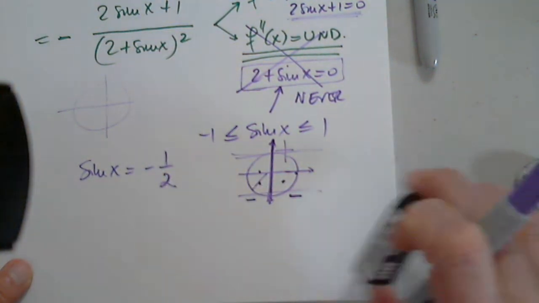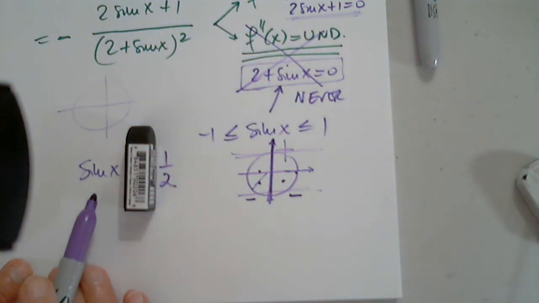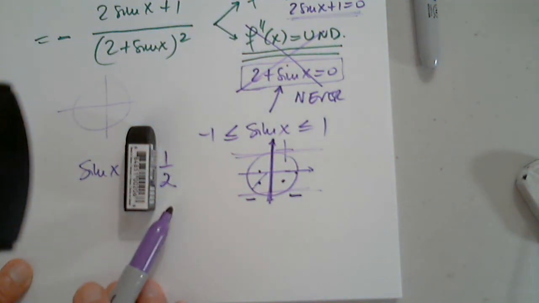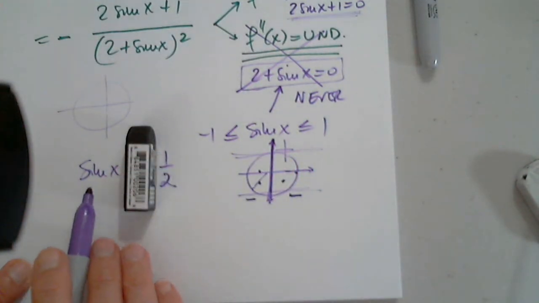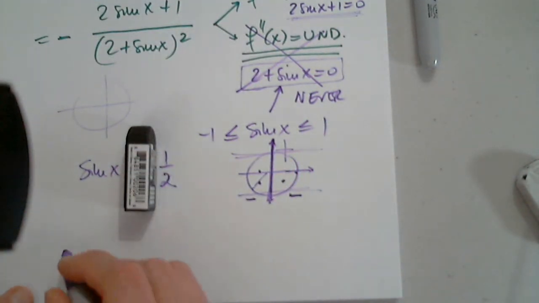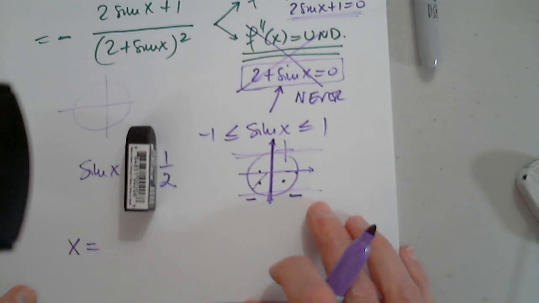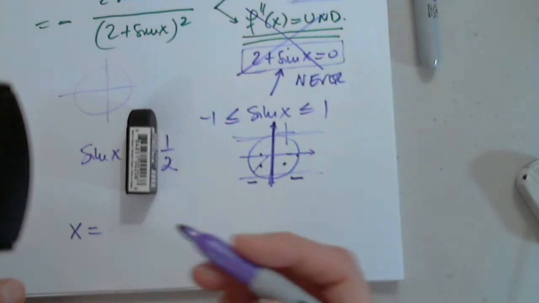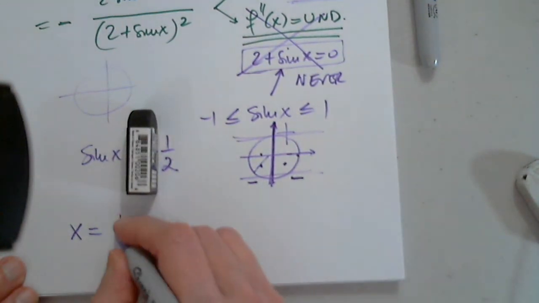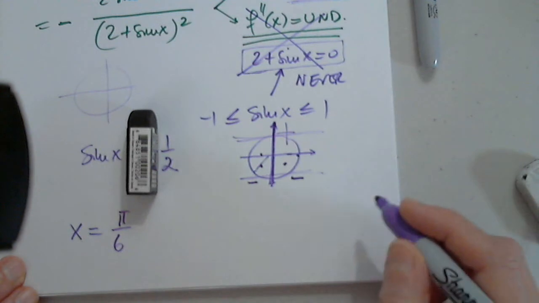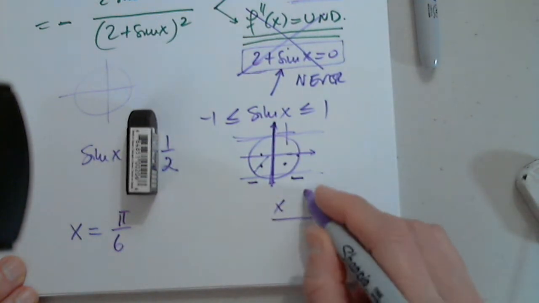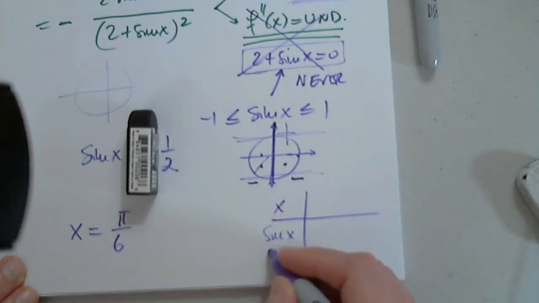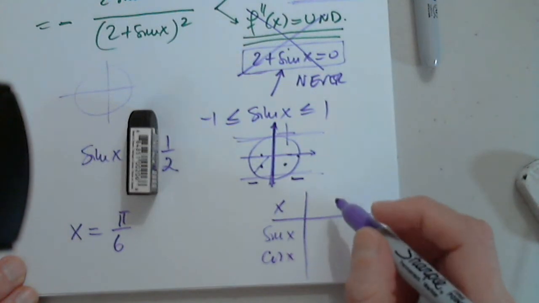So if I ask you, which angle has sine 1/2? Forget about the sine. Sine of what angle is 1/2? It's the smallest angle. So let me refresh your memory on sine, cosine.